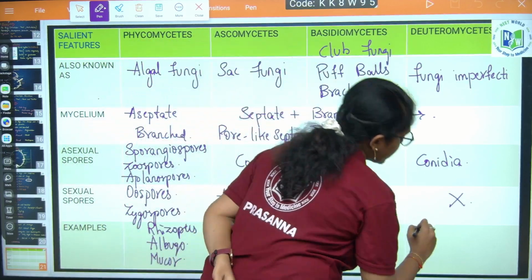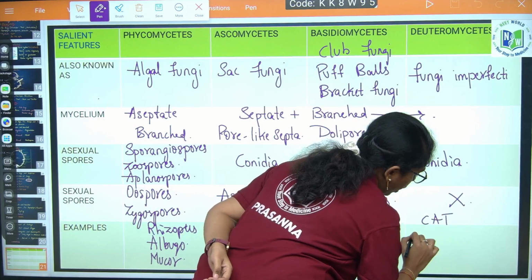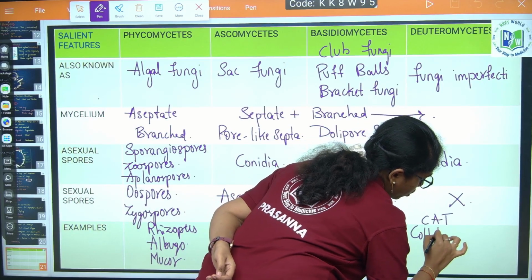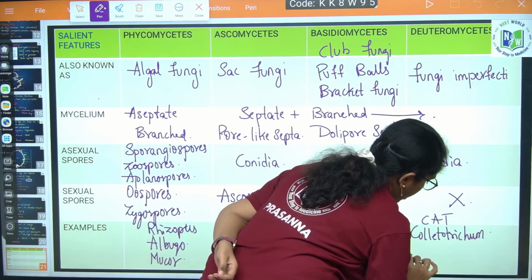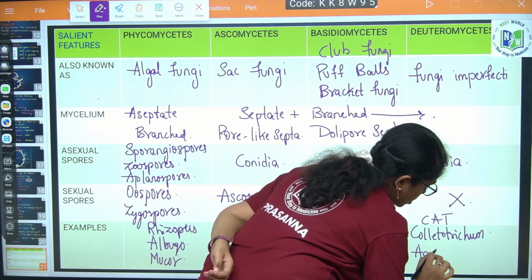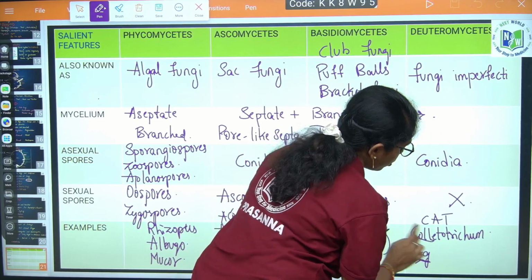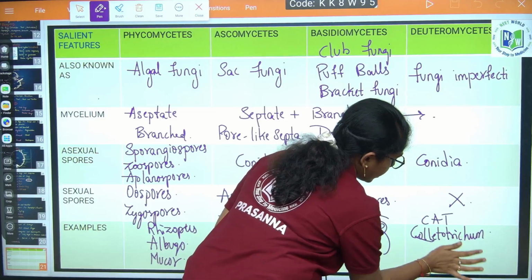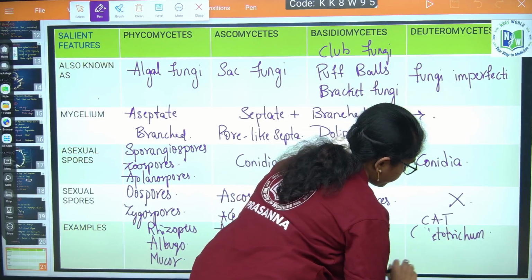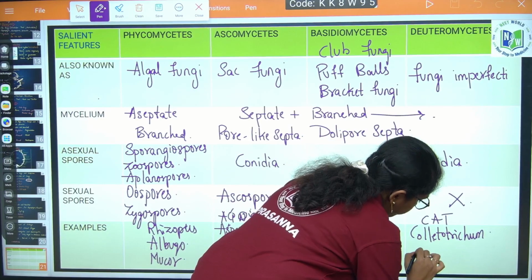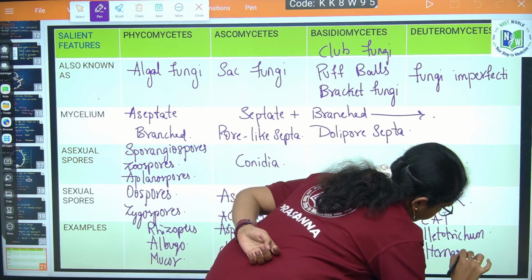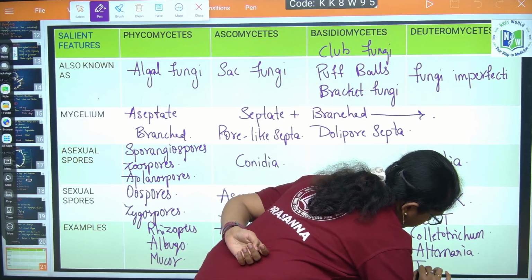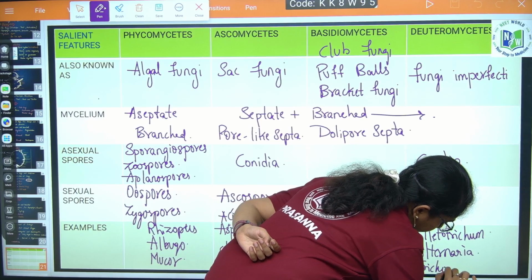Next, Deuteromycetes, CAT: Colletotrichum, Alternaria and Trichoderma.